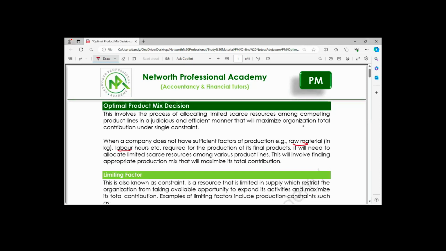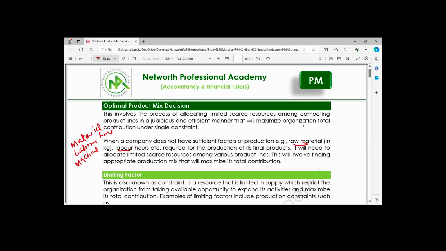When a company wants to produce, you are going to need material input. You are going to need labor hour. Then you're also going to need machine time or machine hour.